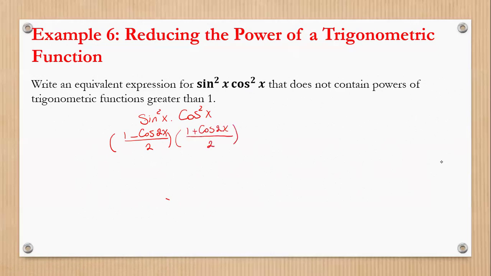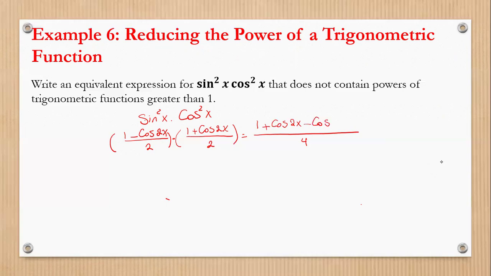There's a multiplication, so I need to multiply the fractions. Multiply the fractions means multiply the numerators and multiply the denominators. If I multiply the denominators, 2 times 2 is 4. And if I multiply the numerators, I need to do the FOIL. 1 times 1 is 1. 1 times cosine 2x. Negative cosine of 2x times 1.